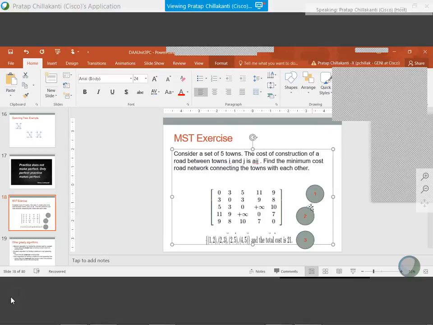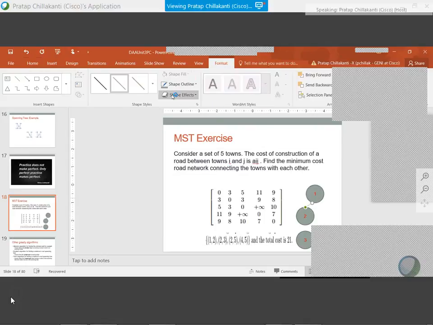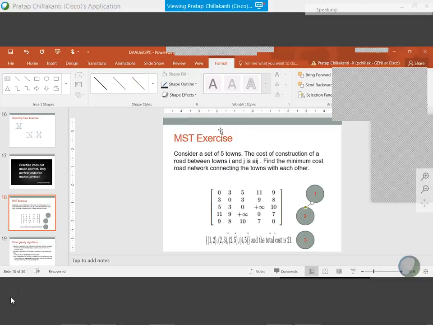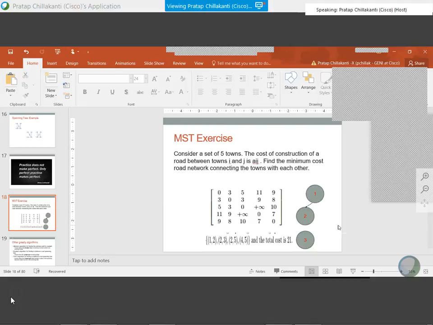Okay, there's a line there. Let me change the color of it. Okay, and then you have the same thing 2 to 3. Somebody else got 3 plus 3 plus 10 plus 7, 23, yeah. Okay. 21 is the right answer, by the way.